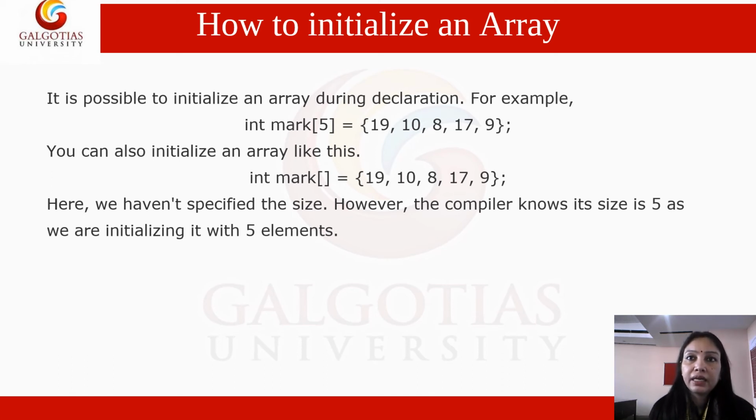When you are declaring int marks[5], instead of writing the semicolon, use equal to, and within curly braces you give all 5 elements, then put a semicolon. So what does it mean? At the same time you are declaring and initializing your array. Clear? Just like a variable, if you want to initialize your array at the time of declaration, yes, you can do this.